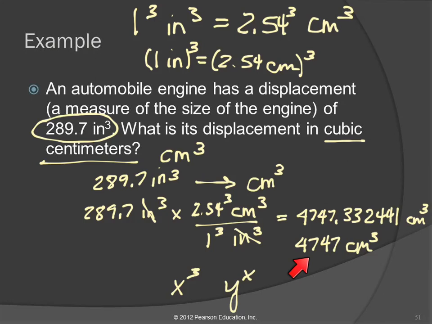No. Only when we're doing the conversion factor. Because you remember how we got that? We started with 1 inch was equal to 2.54 centimeters. But a cubic inch is more than 2.54 cubic centimeters.